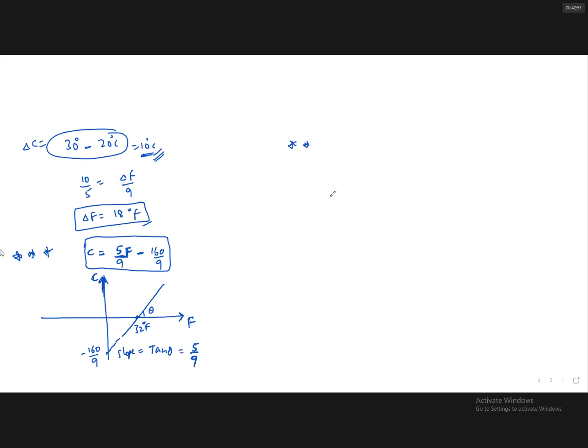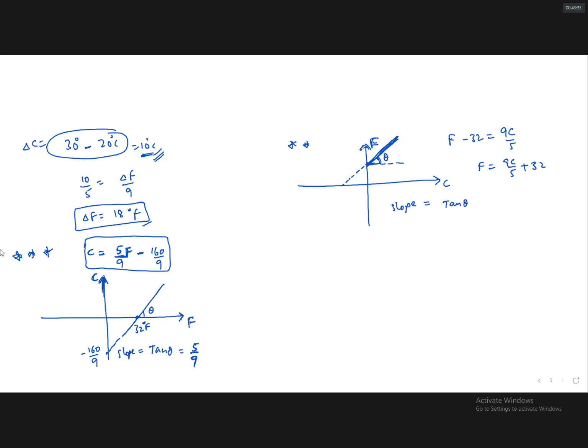Suppose we take Fahrenheit on the y-axis and Celsius on the x-axis: F minus 32 is equal to 9C by 5, because C by 5 is equal to (F minus 32) by 9, so F is equal to 9C by 5 plus 32. That is in the form of y is equal to mx plus c. So here we have a positive y-intercept, and the slope of the graph is tan theta.